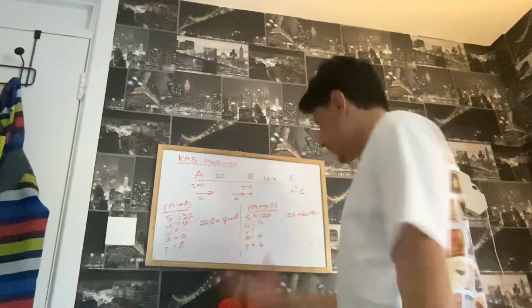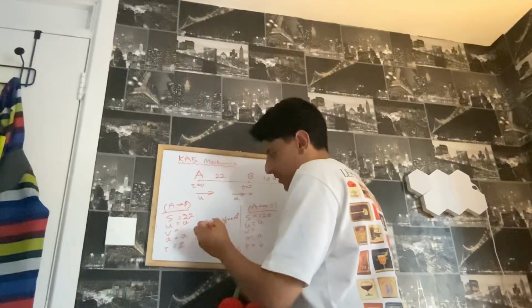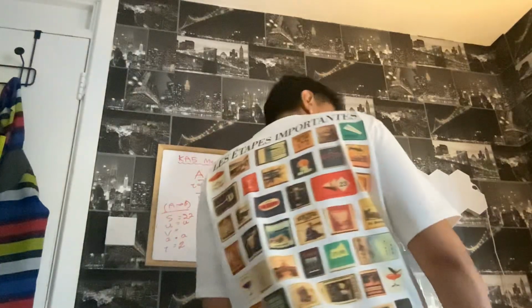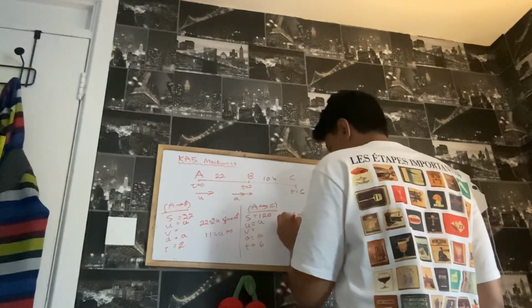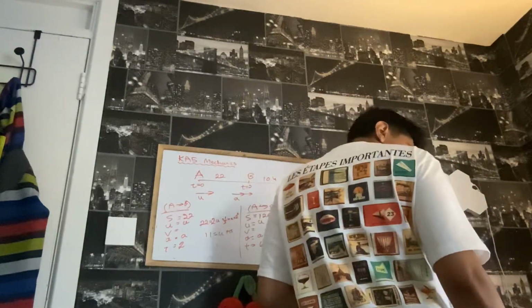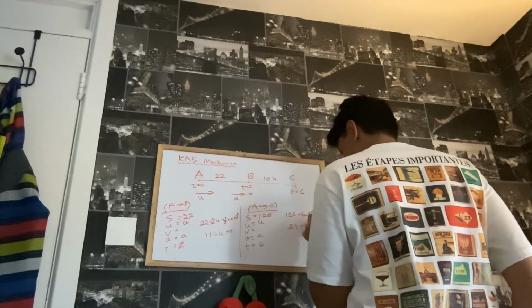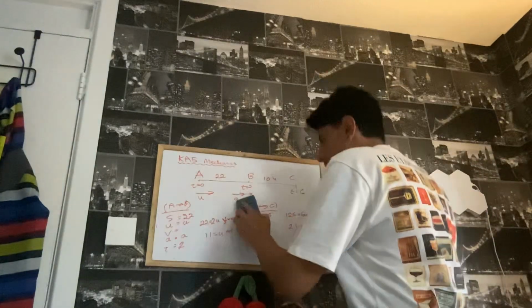Okay, so now we simplify it. If we simplify this really quickly, we get 11 equals u plus a, I believe. Yes, and then for A to C, we get 21 equals u plus 3a. Okay, that's what we got.